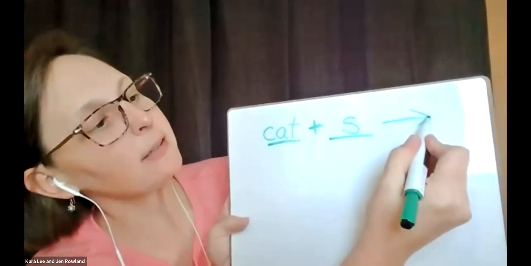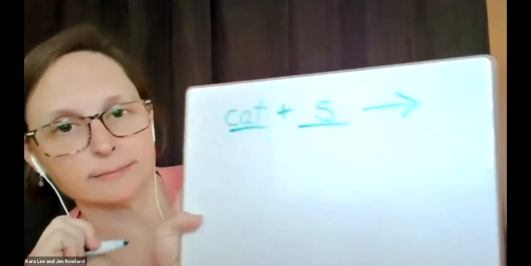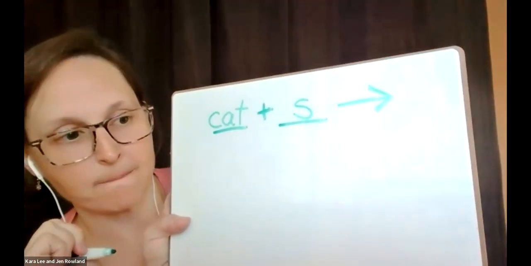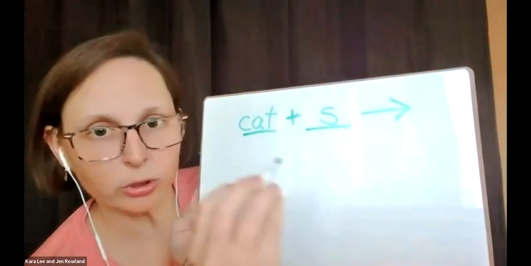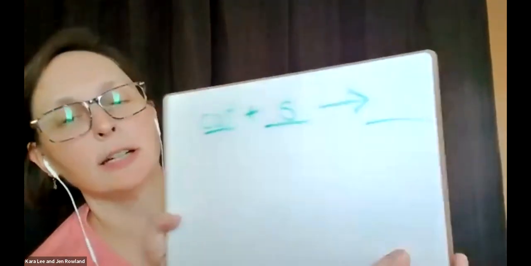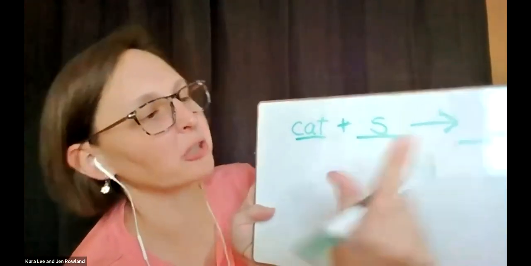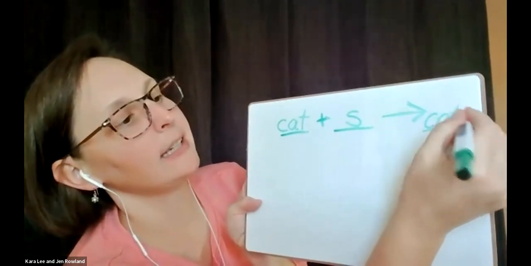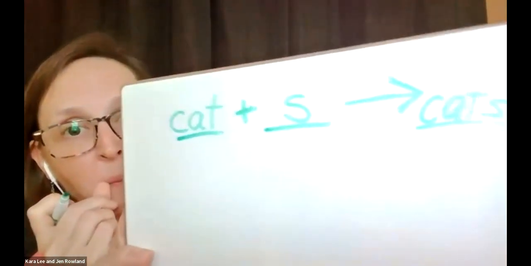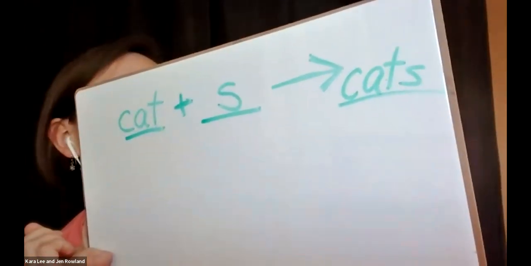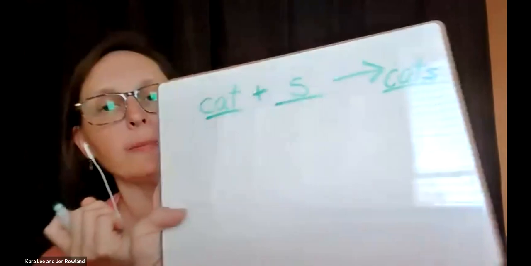I say is rewritten as, and now I can write the whole word on this line down here, because now I know the parts, and I'm going to say the graphemes again just for good measure. C-A-T-S. What's this word? Cats. Mm-hmm. Great. There you go. That is how you use a word sum.